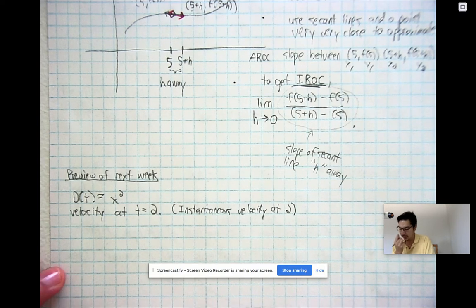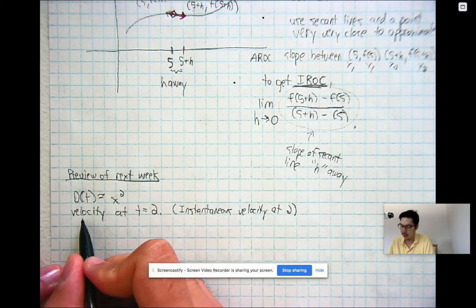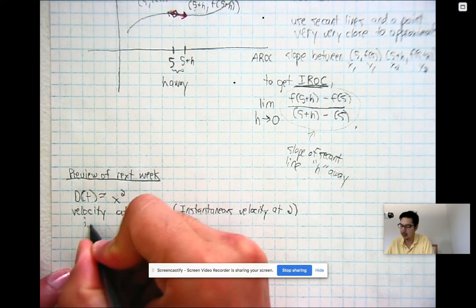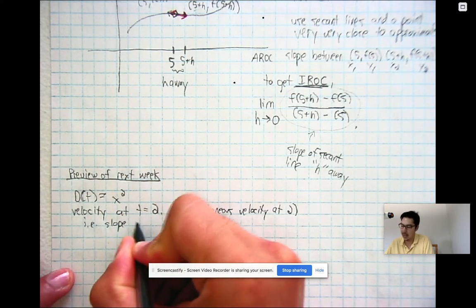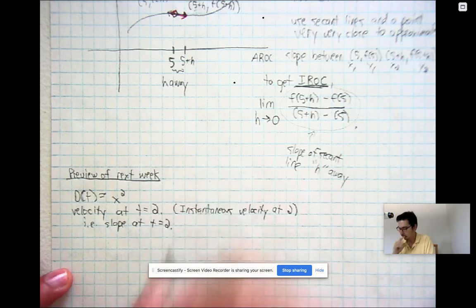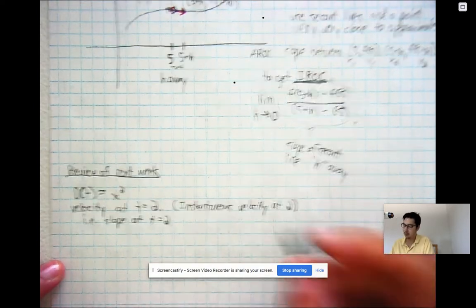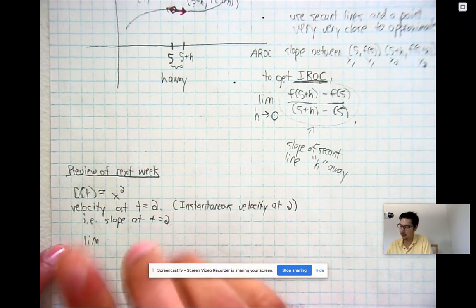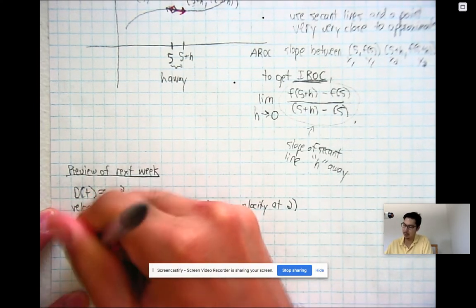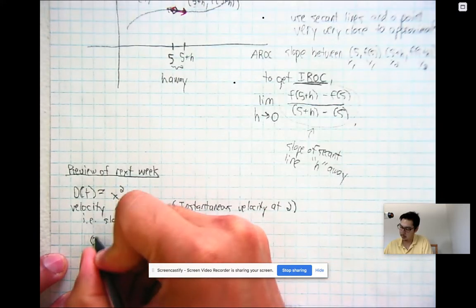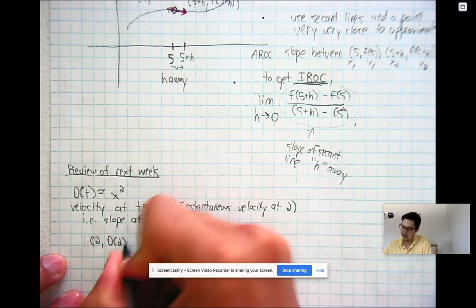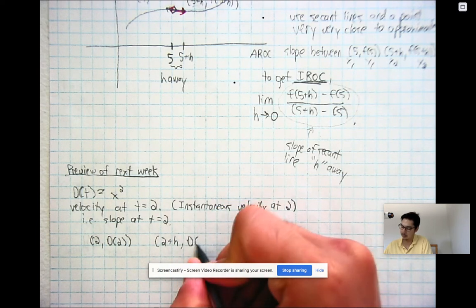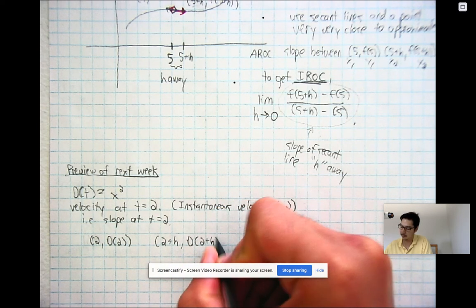Now, remember that velocity is the slope of this graph. So basically, in other words, what's the slope at t equals 2? How do we do this? We're going to pick 2 points: 2 comma d of 2, and the other point being 2 plus h comma d of 2 plus h.